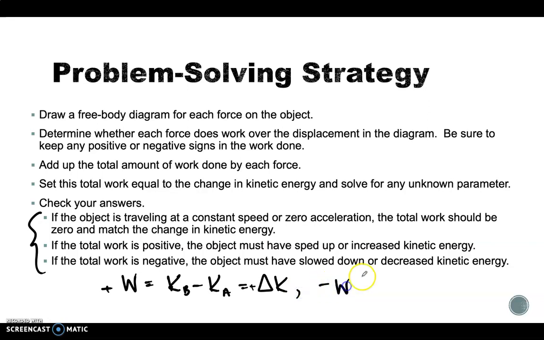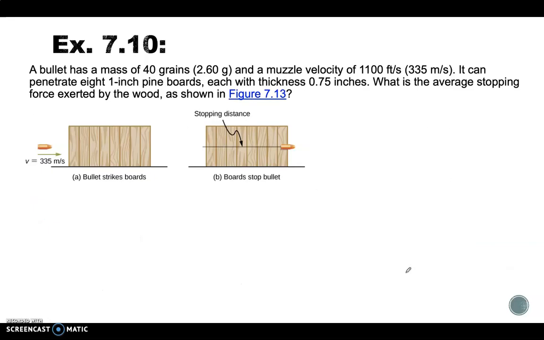If the total work is negative, that means the change in kinetic energy must have also been negative. Okay, we have to balance our equation. So these things must make sense, okay, in your problems. So let's go ahead and do an example together.